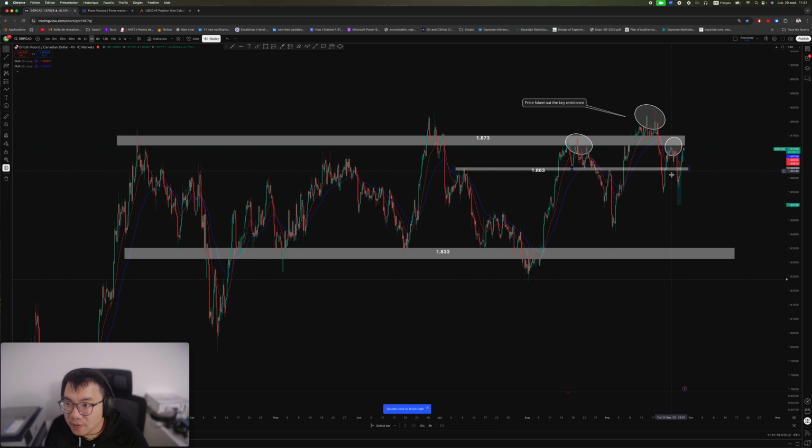So if the selling pressure was there and this didn't go all the way to the lower range here, that somehow shows me that maybe the buyers are still there to fight back, right? So I think that's the only thing that I forgot to take into account in my analysis.